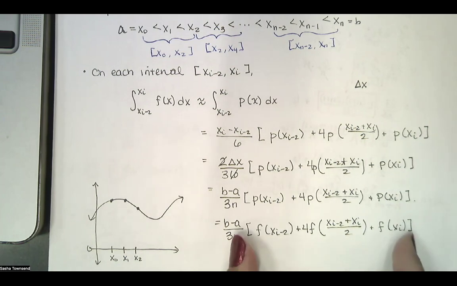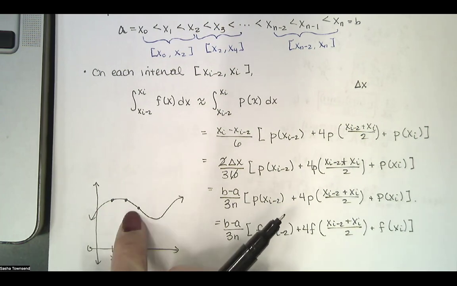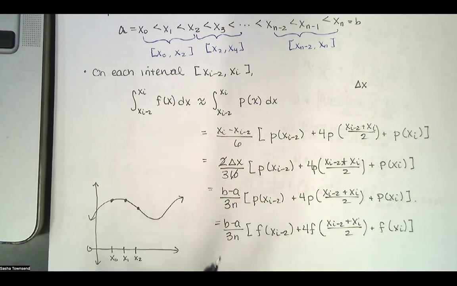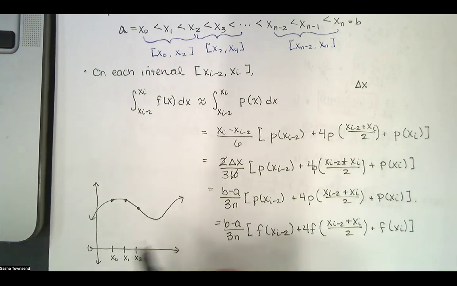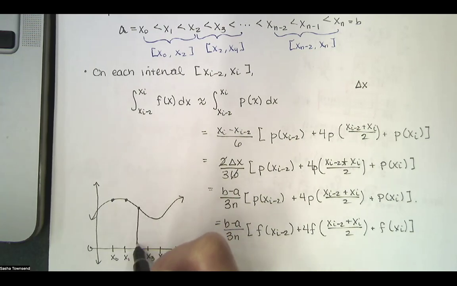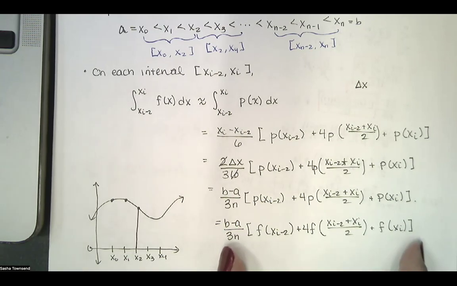And this is going to give us the exact area under the curve for that polynomial. And that's going to be a very, very good fit most of the time. This is that exact area. But if we are doing that for the interval from x0 to x sub 2, and then on the interval from x sub 2 to x sub 4, we're going to have this expression.